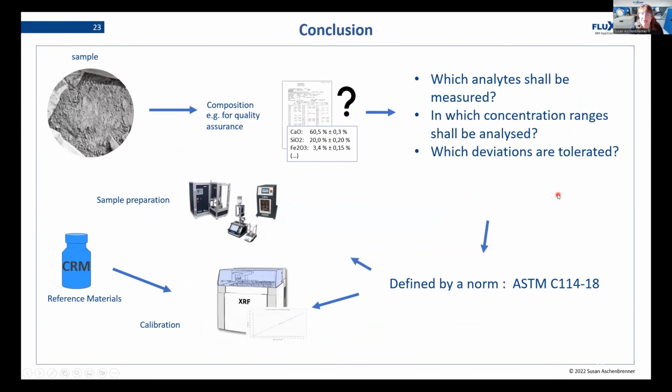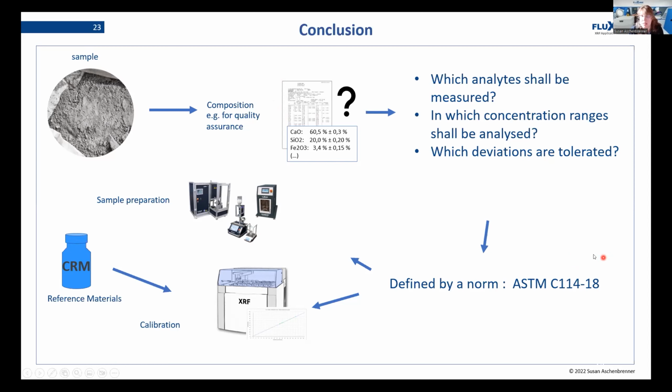So let's sum this all up. We said we are coming from our sample, which is a cement, and we want to know the cement's composition. And we need it, for example, for quality assurance. And now we have to ask ourselves the question, which analytes, which concentrations, which deviations, and we are lucky people because there is a norm that defines all of these different points.